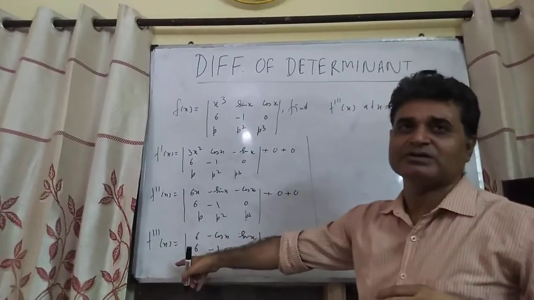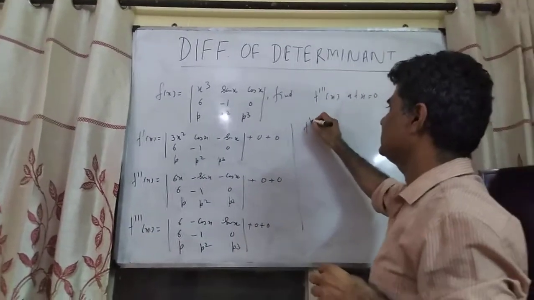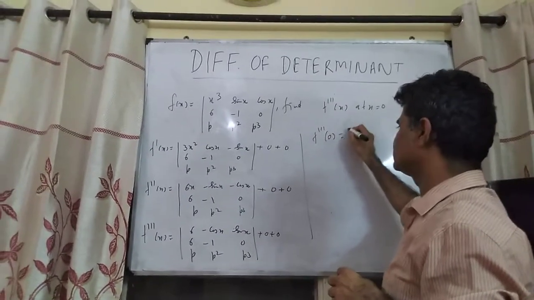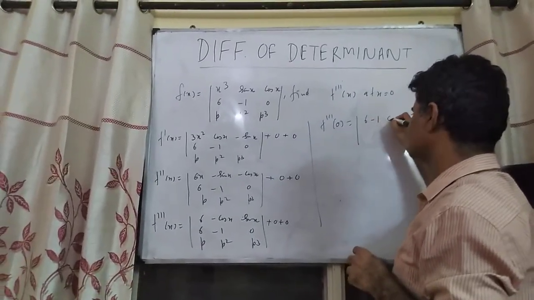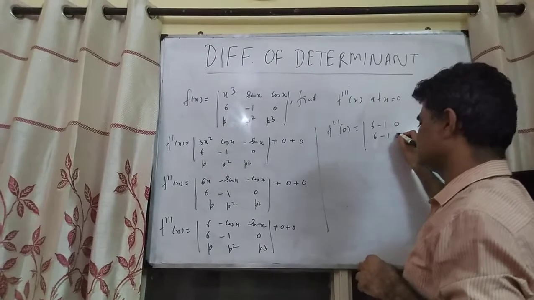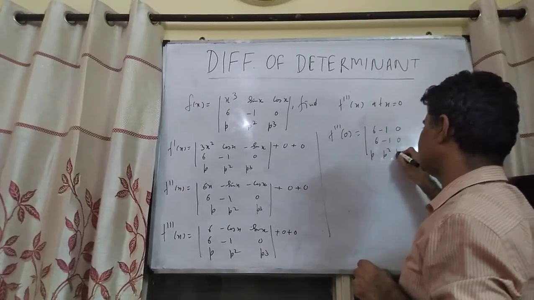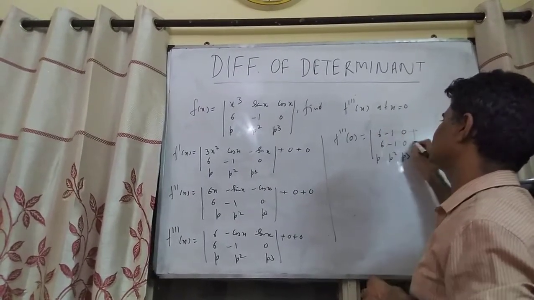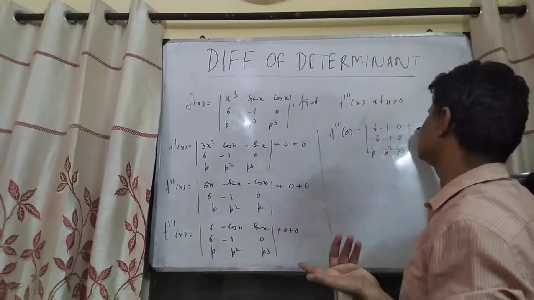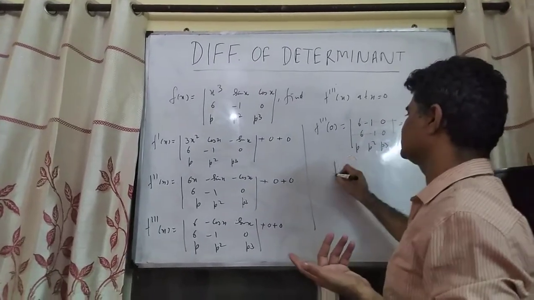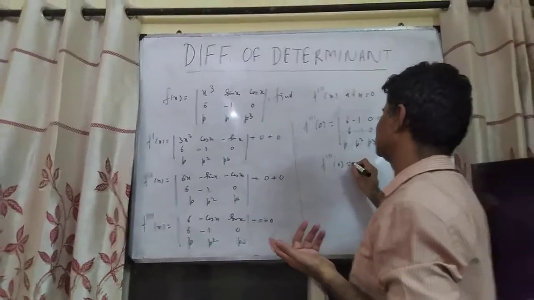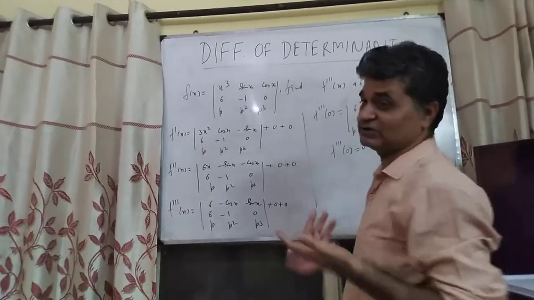So simply we put x = 0 here. f‴(0) is 6, −1, 0; 6, −1, 0; p², p, p³. You can see that these two rows are the same, so the value of the determinant is equal to 0. So f‴(0) is equal to 0.